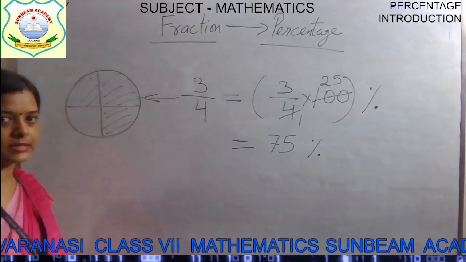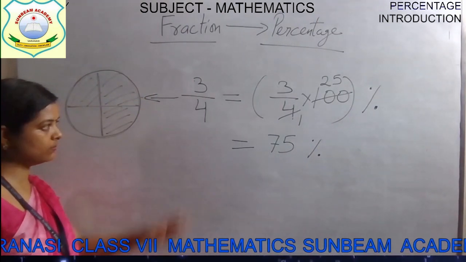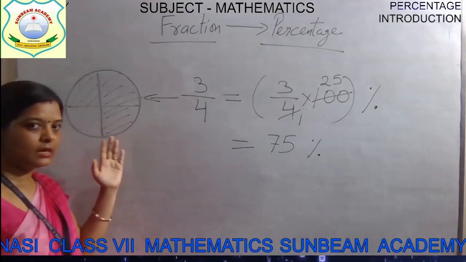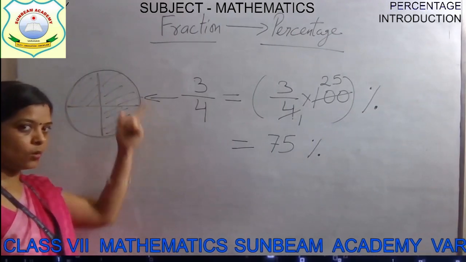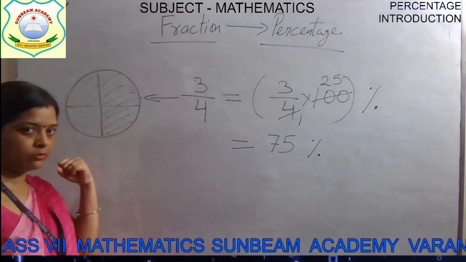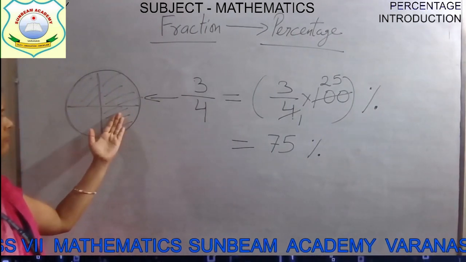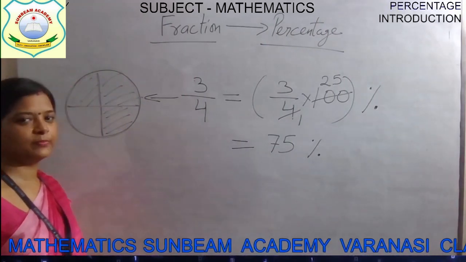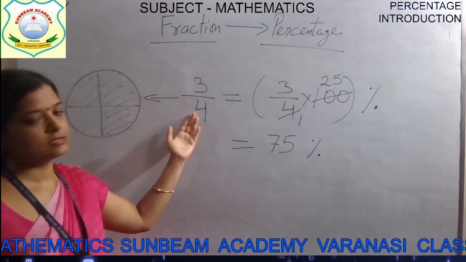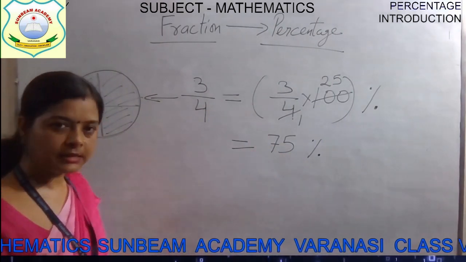This is represented in the form of pictures, isn't it? 3 by 4 is same as this. And if you see this, how much percentage will it be? This is a whole out of 100. So 25%, 25%, 25%. Total how much? 75%. That's why this fraction can be written as 75%.